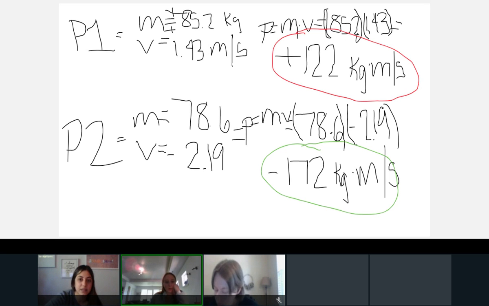The first one? Which momentum was higher? I know that the negatives make it seem like it would be different, but remember that is the direction. So it's not an actual numerical value of negative 172. It's just telling us it's 172 to the left. So which player has the bigger momentum? The second one. Yep, this guy, right?